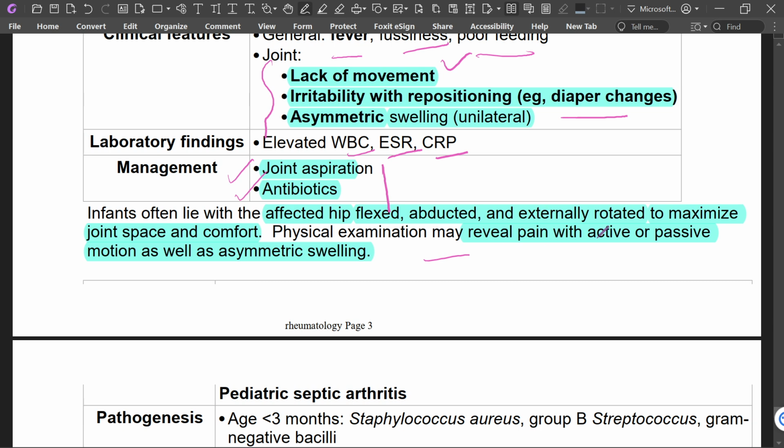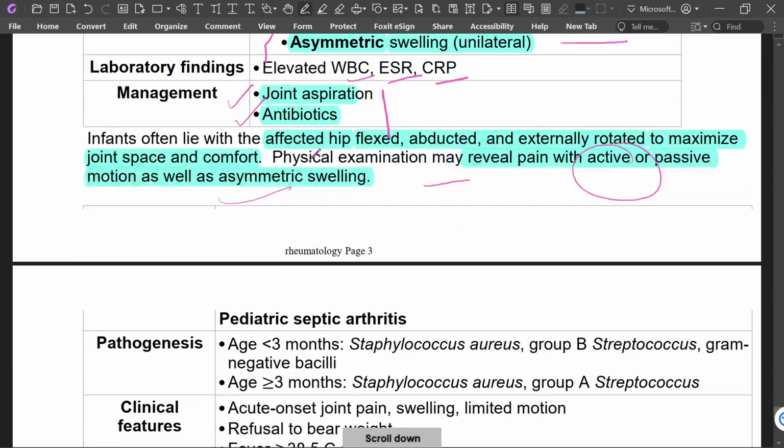Physical examination may reveal pain on active and passive range of motion, as well as asymmetric swelling.